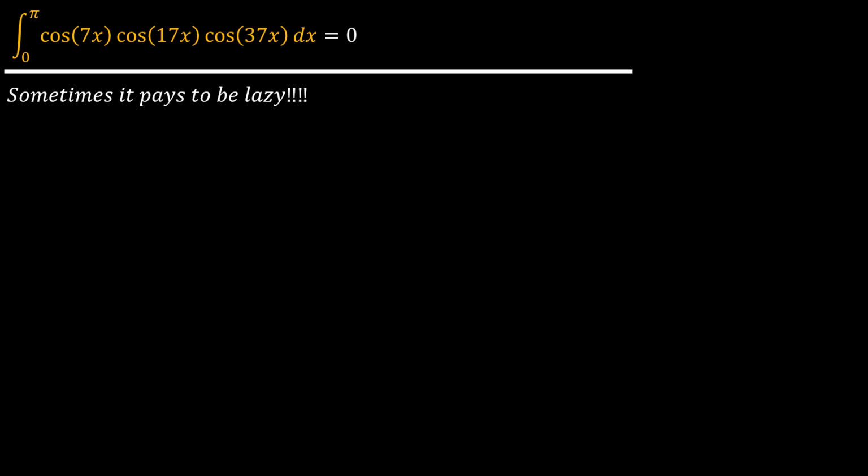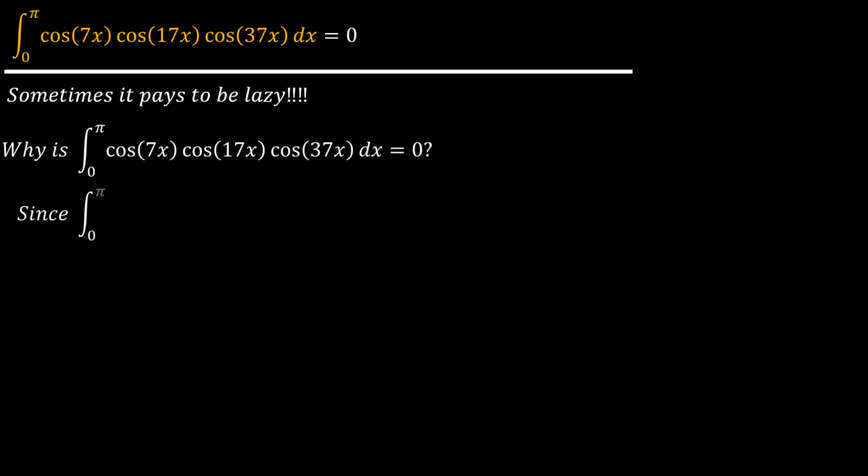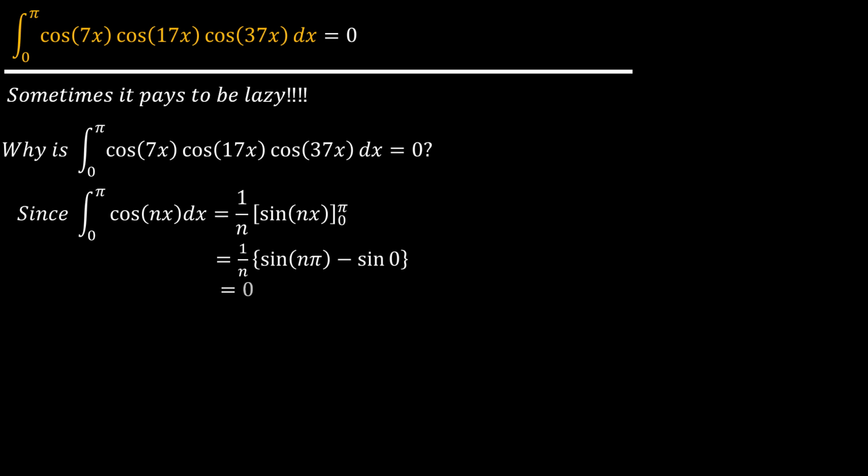How I would be able to guess that this is 0 is, first, there's one thing you have to look at. When you look at the integral of cosine of nx, where n is an integer, from 0 to pi that's the same as 1 over n sine nx from 0 to pi, and then when we substitute the limits, you get 0.